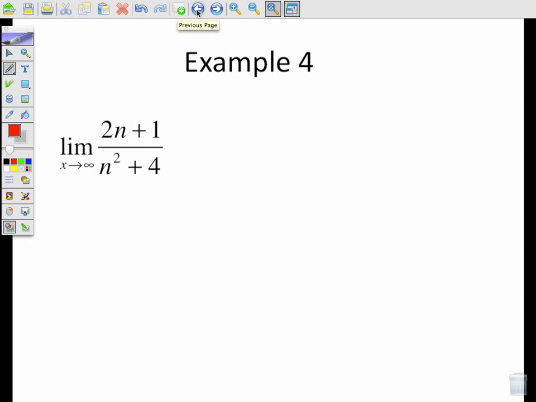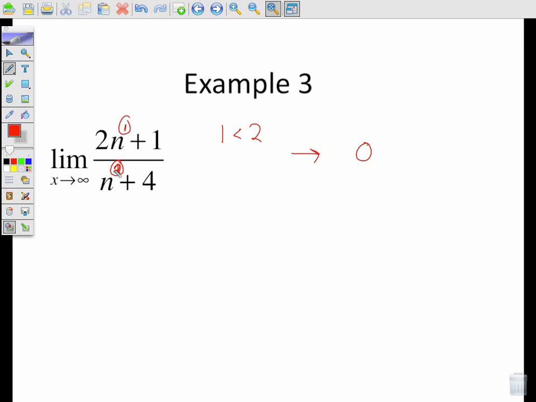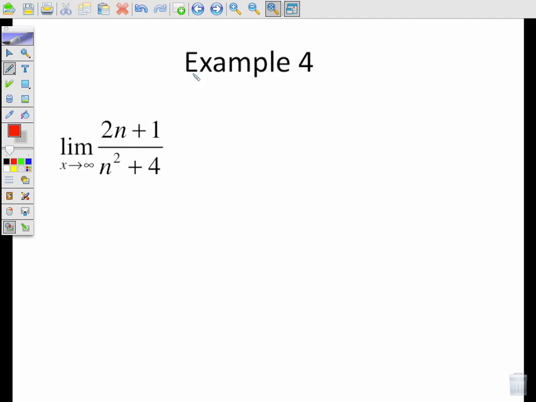And the last one here. Let's go. It looks like I skipped example 3 here. This is example 4 with the n squared, and then let's just use this as the one before that, example 3.